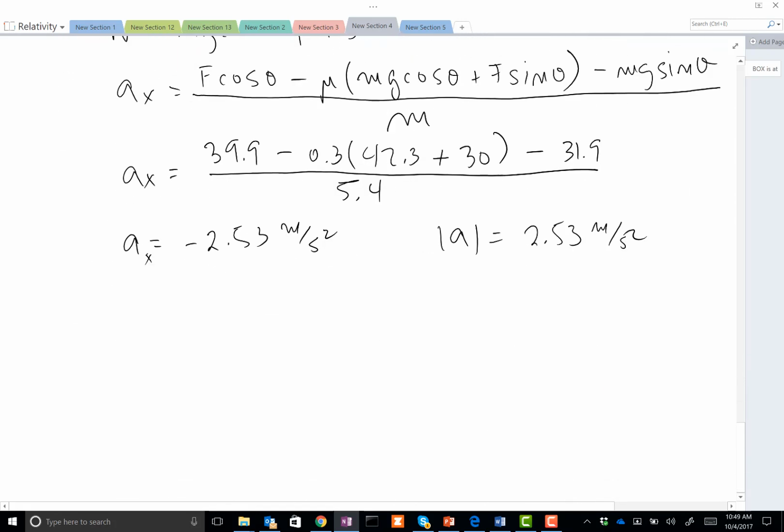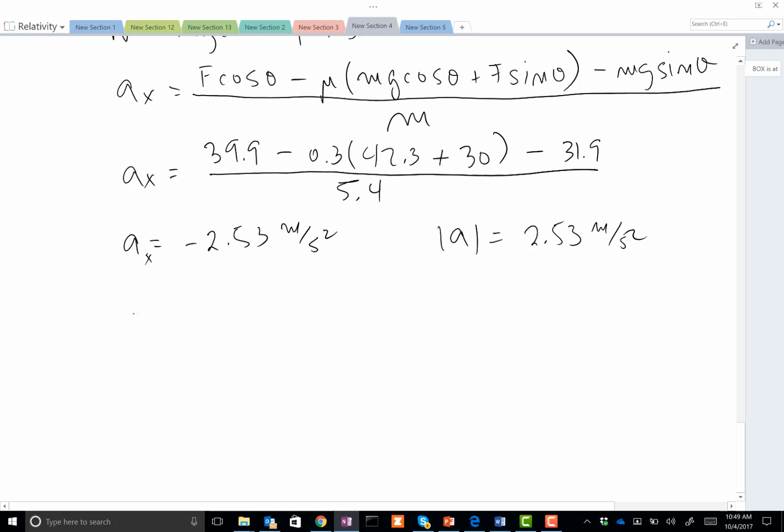For that, we need to use a kinematic equation. We have the acceleration, and let's assume that it started from 0. So the distance that it goes up is going to be equal to... let's just write the kinematics equations that I could use to remind ourselves.